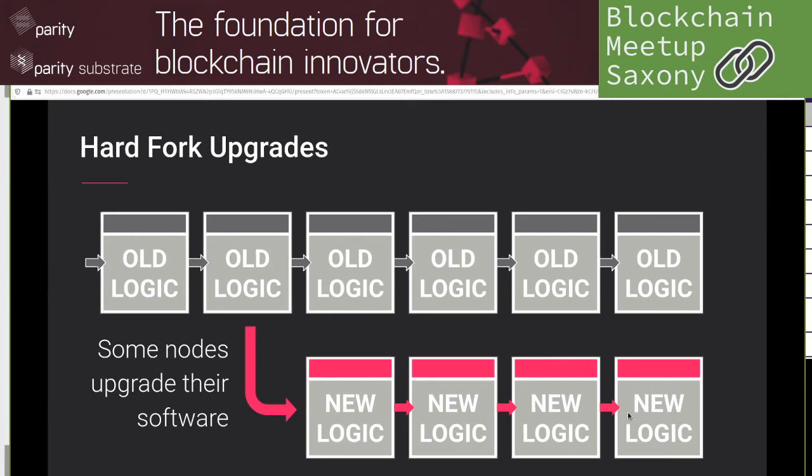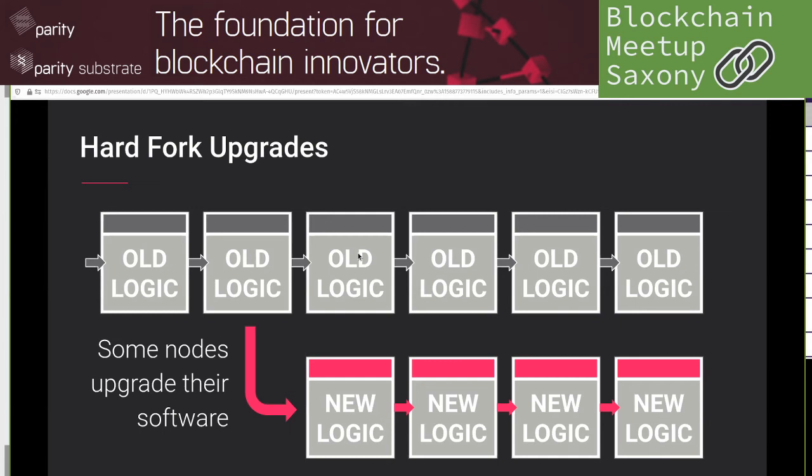This is really unfortunate, because anyone using a node still running the gray logic has a different view of the world and of what tokens exist than the people running the pink chain. And it's not just about those overflow tokens or that one transaction that created all the tokens. These blocks are also filled with hundreds of perfectly valid transactions that are going to be orphaned off just because of this one bad one.